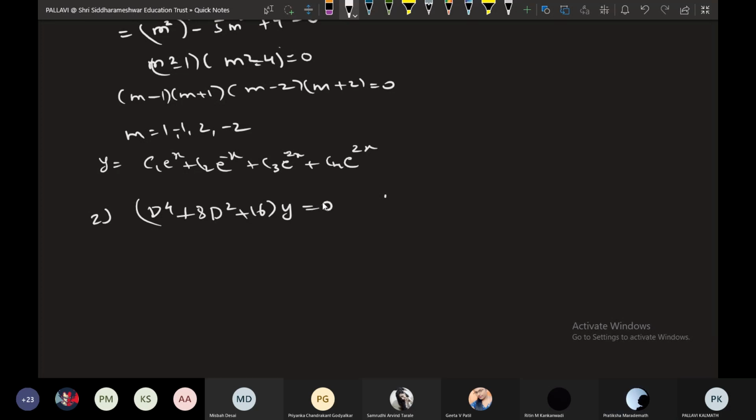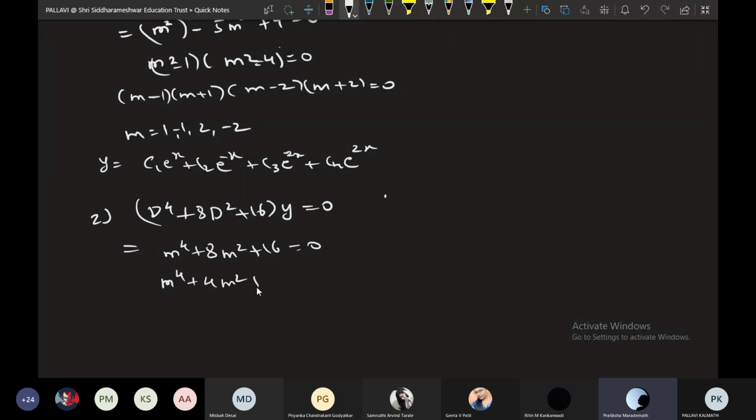Okay. So, splitting method means, what is the next step, you tell. Ma'am, I have taken m raised to 4 plus 4m square plus 4m square plus 16. That 8m square I have split as 4m square plus 4m square.